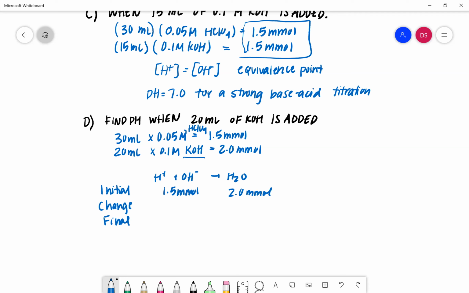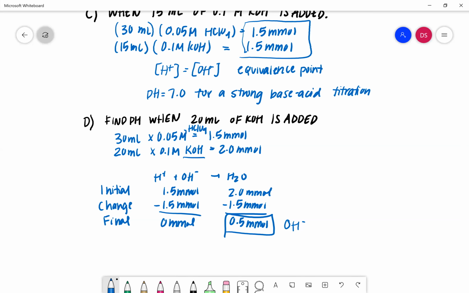Now hydroxide ion isn't the limiting reactant anymore, so we're subtracting 1.5. This gives us 0.5 millimoles for this, and 0 right here. I want you to know this is not for hydrogen ions, it's not our acid. This is the moles of hydroxide ion.